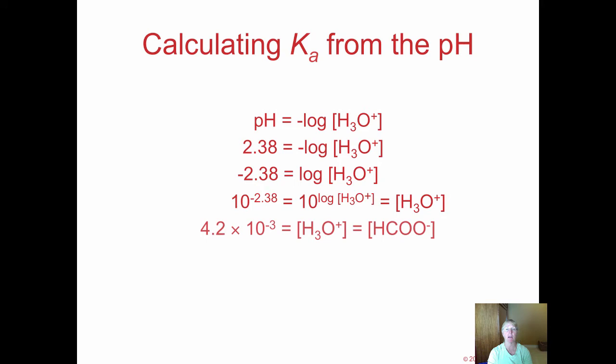So when you punch that into your calculator, you get a fairly small number, 4.2 times 10 to the minus 3. Since hydronium and formate ion, that's this guy, the HCOO minus, are in a 1-to-1 ratio in the equation, then whatever the concentration of the hydronium is the same as that of its formate, the conjugate base.